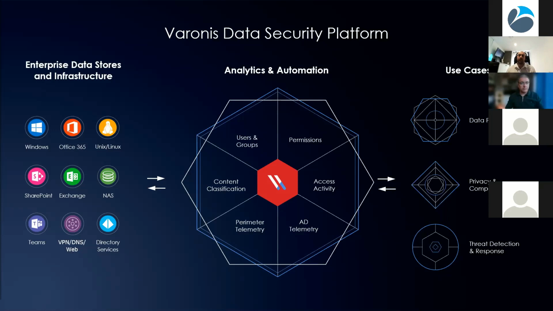They log off at around the same time every evening, and we get that pattern. We build those individually for every single user account within the organization. And then if there's a deviation, or we see any abnormal behavior, we start issuing alerts. That's how we're able to feed that into our data protection, privacy compliance, threat detection and response.